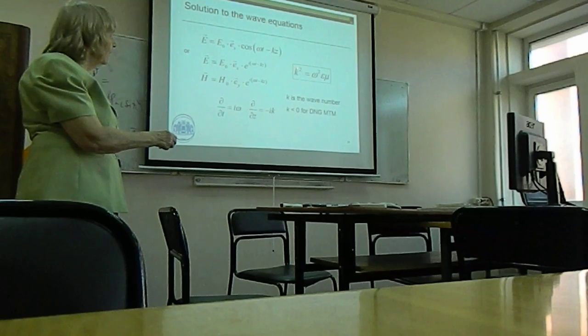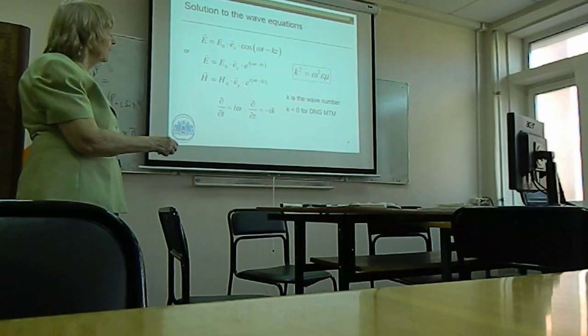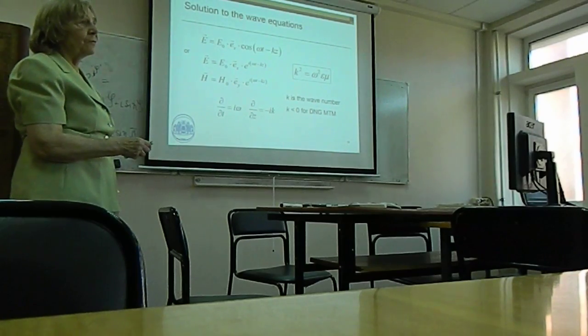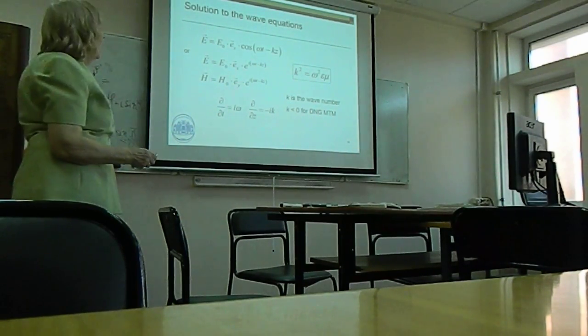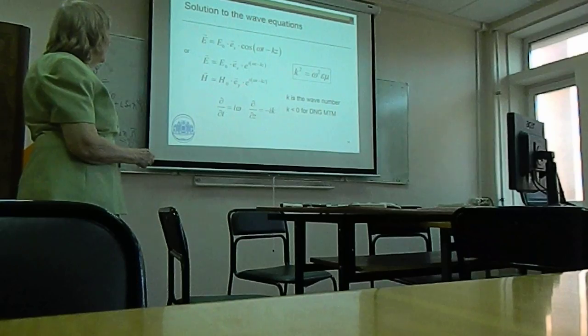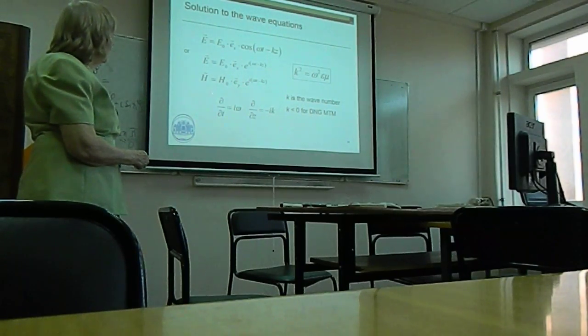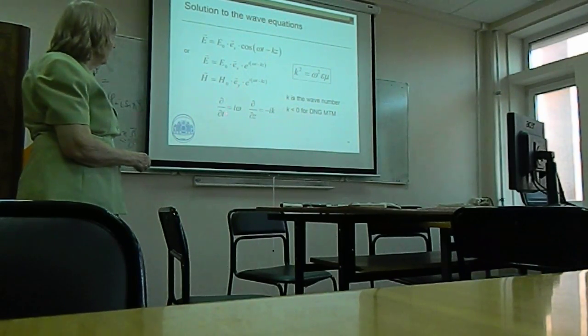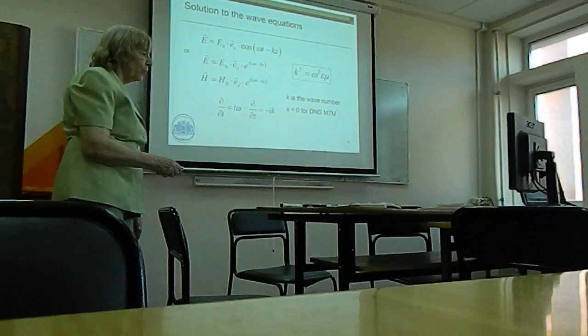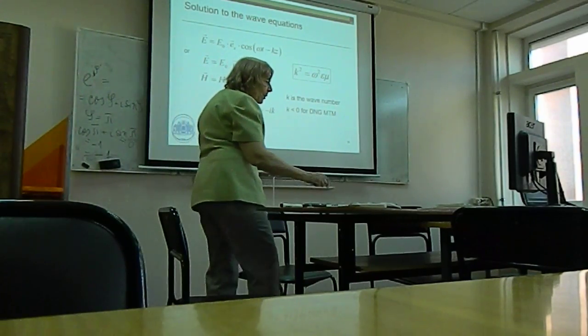So if we find K for negative parameters epsilon and mu, then K will be negative. And if we use this form, then these derivatives are defined in this simple way. Hope you remember how it can be.